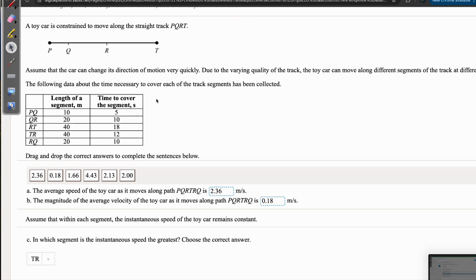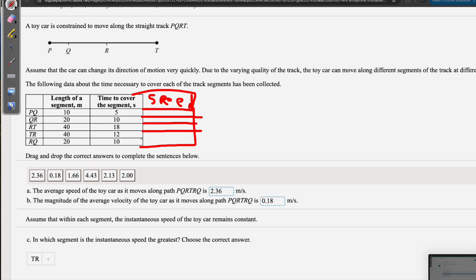Let's scroll down. In which segment is the instantaneous speed the greatest? Now here we're going to add another part to the table: speed. We're going to do the length over the time. 1, 2, 3, 4.